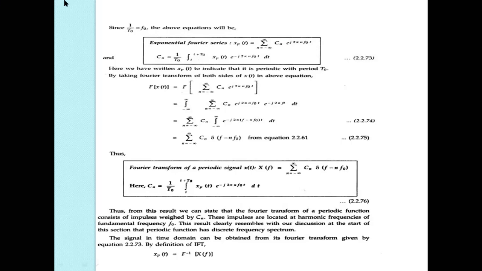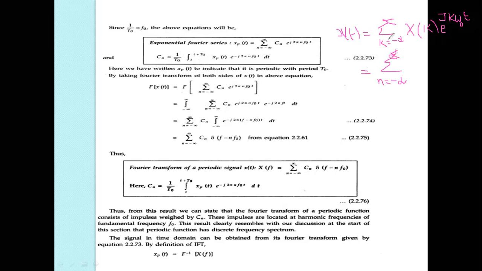Don't get confused here; we already learned it in another way, my dear students. X of t is equal to the sum of k equal to minus infinity to infinity x of k e power j k omega naught t. Here they wrote x of k as Cn. So Cn, n is a suffix, my dear students, with n equal to minus infinity to infinity.